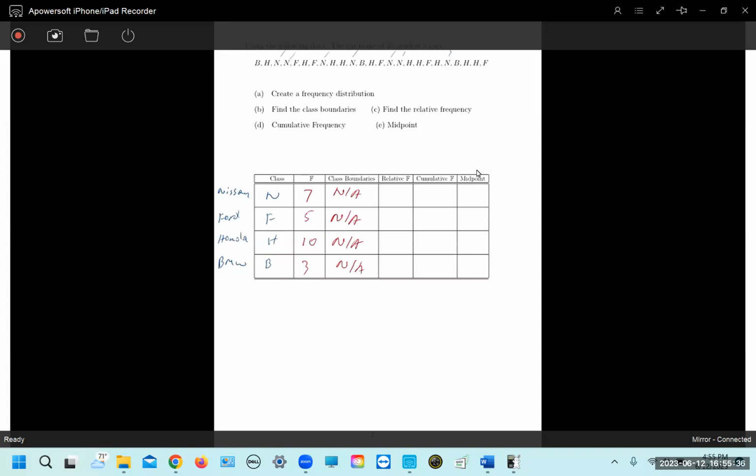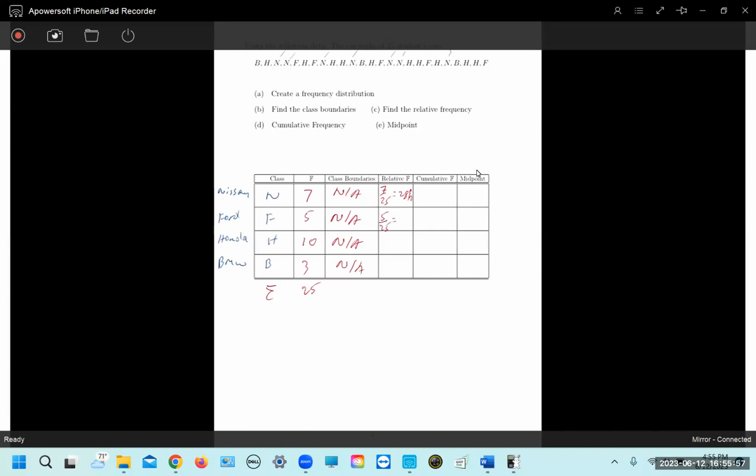So for the relative frequency, we have to sum. So sum of this one is 25. So we have 7 over 25. So we get 28% and 5 over 25.